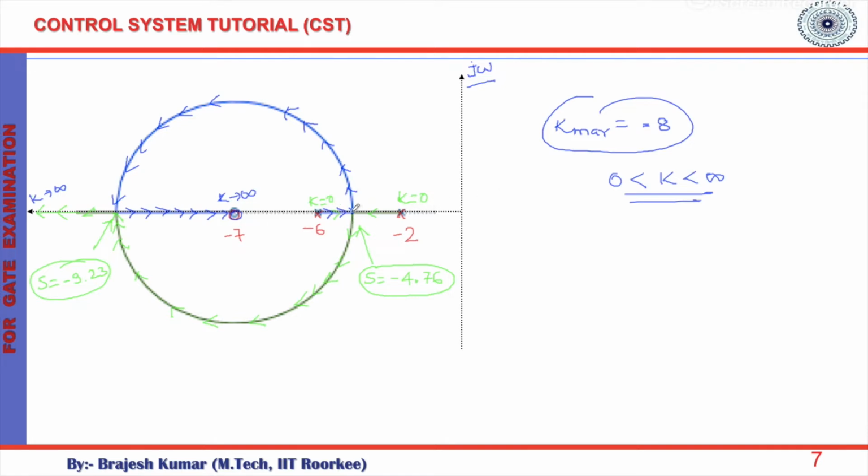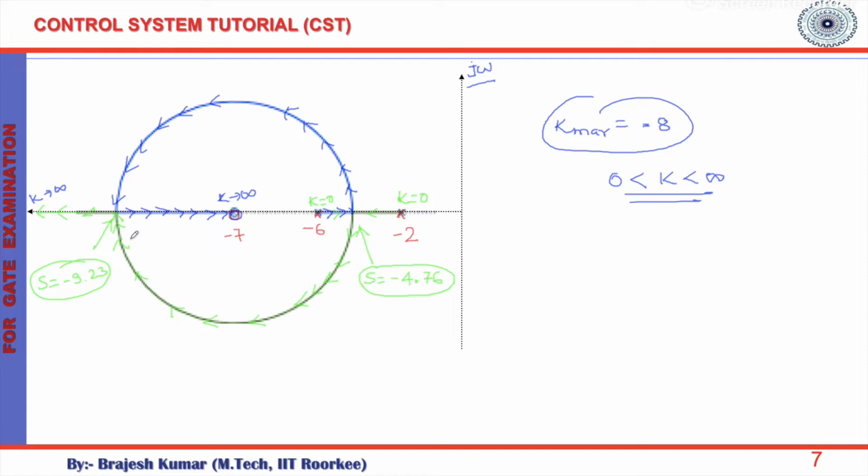And we also know that since one breakaway point is here and the second break-in point is here, both these branches will separate from this breakaway point and merge at this break-in point. One will move towards the 0 located at minus 7, and another will move towards infinity. So hence question number 3 is over.